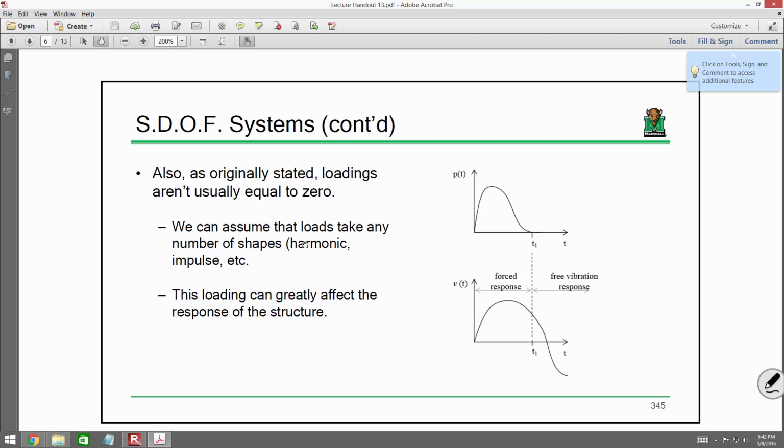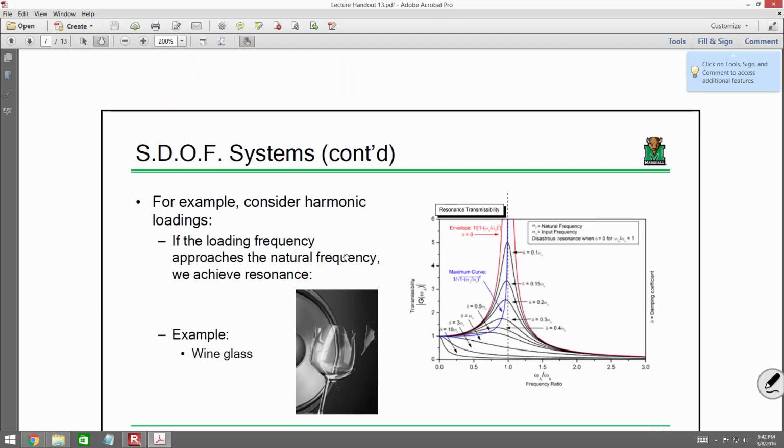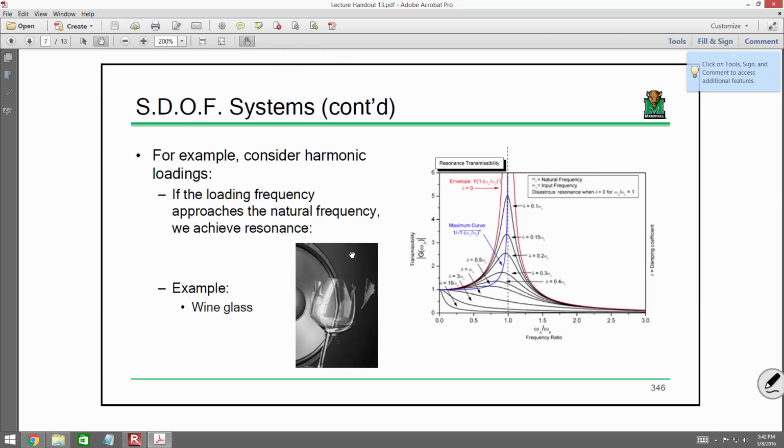Okay? And you can find some interesting effects. Y'all seen this curve, right? In advanced vibrations, I bet. Okay? For those of you that aren't in advanced vibrations, I'll tell you a little bit about this. So, would it be a fair statement that a lot of the stuff that we're doing right now deals with a lot of trig functions, a lot of sines and cosines? One of the first types of loads that you consider are harmonic loadings when you take that course.